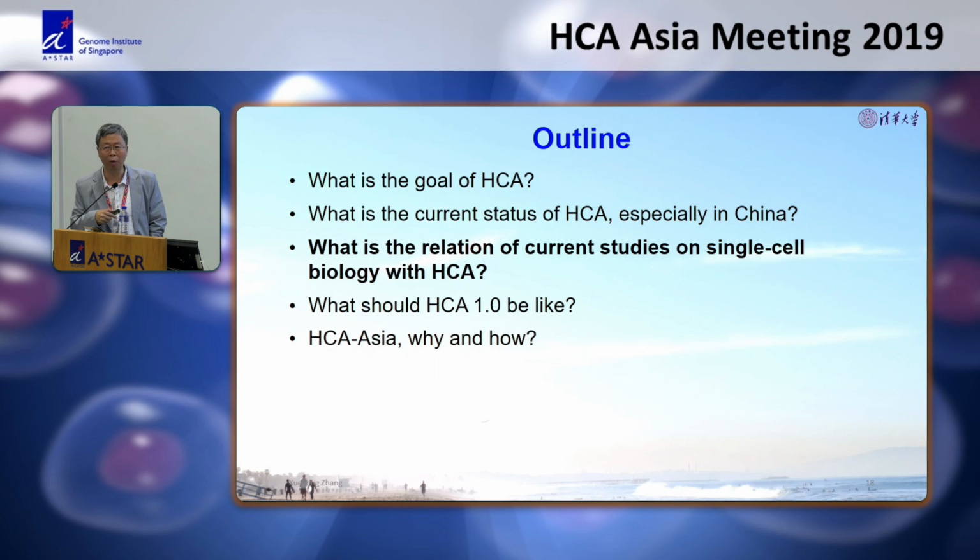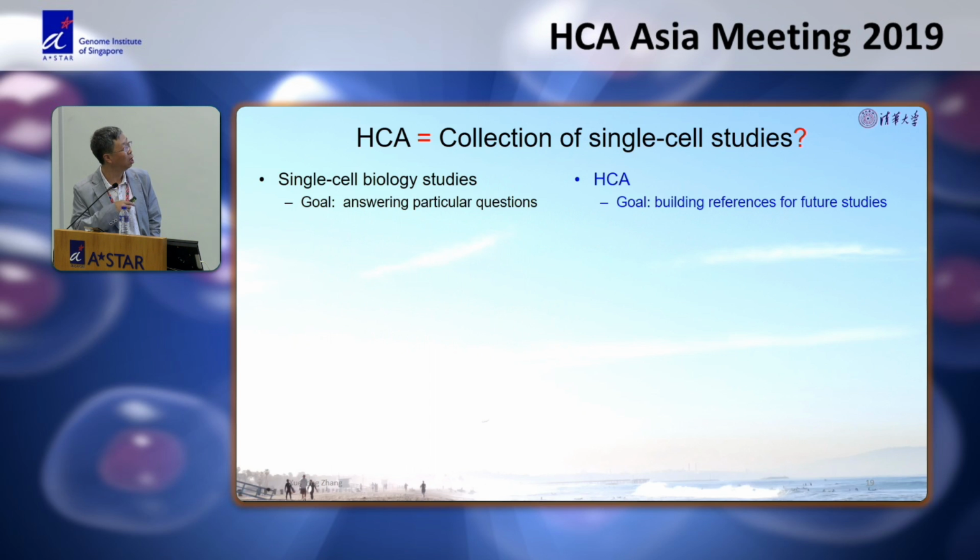The key part I want to talk about is the relation of current single-cell biology study with the HCA. I think the relation is close, but the difference is also obvious. That is, the goals are different. Single-cell biology tries to answer particular biological questions, but the HCA tries to build references for future studies.